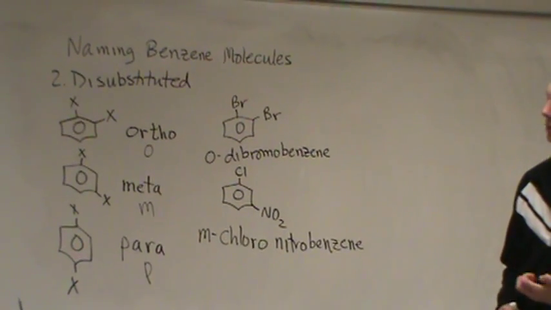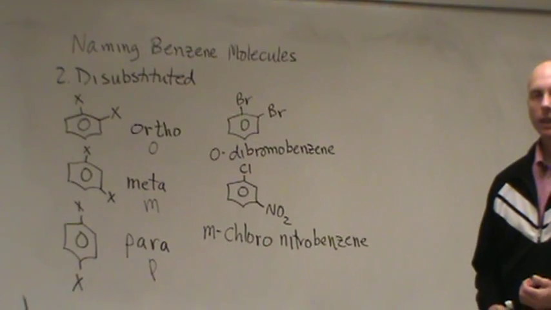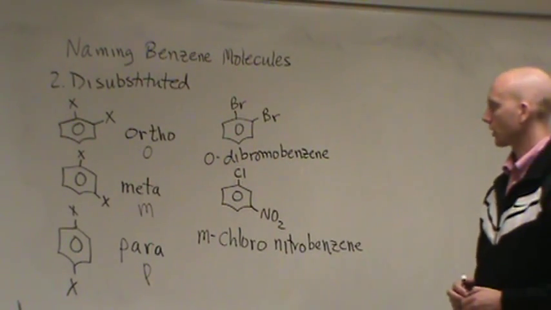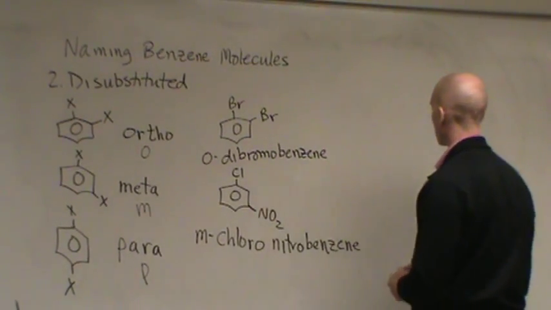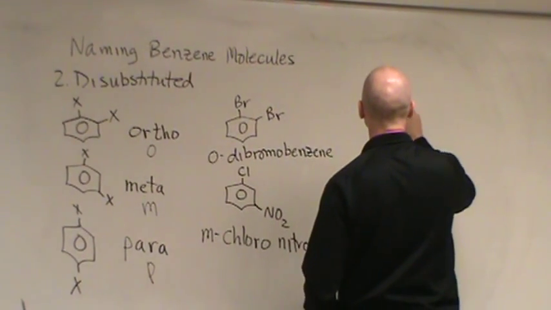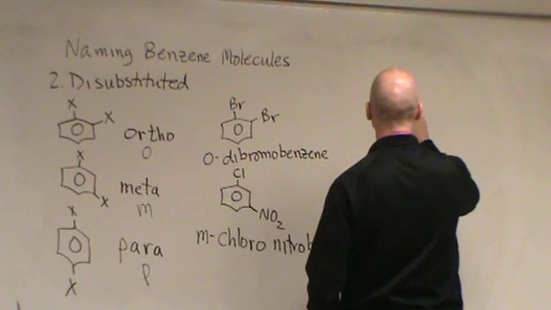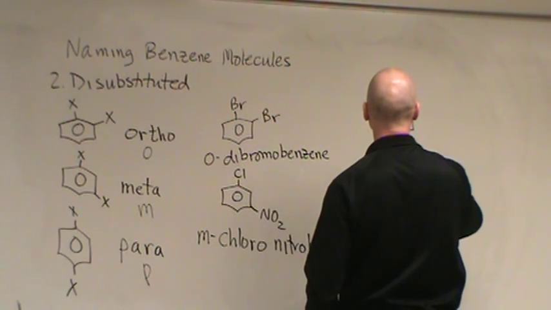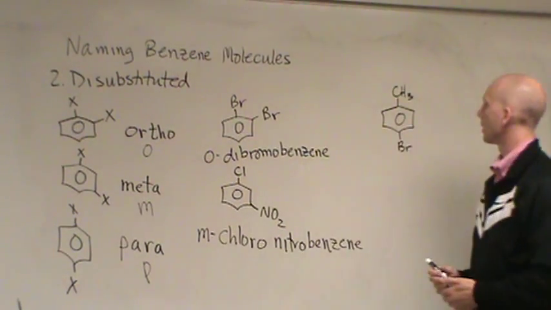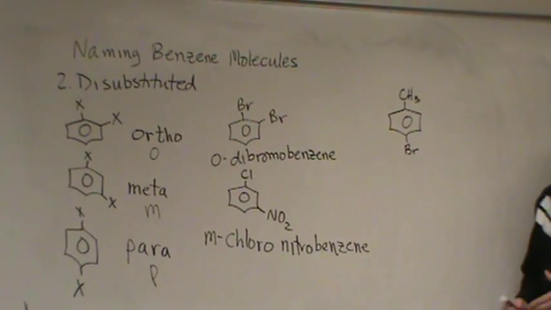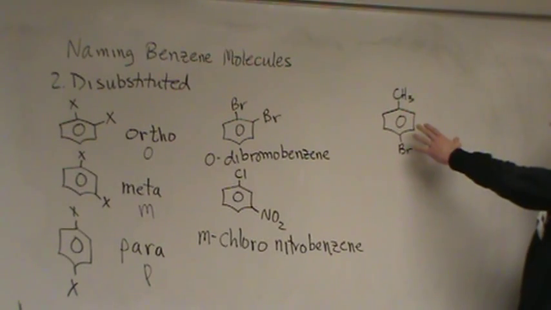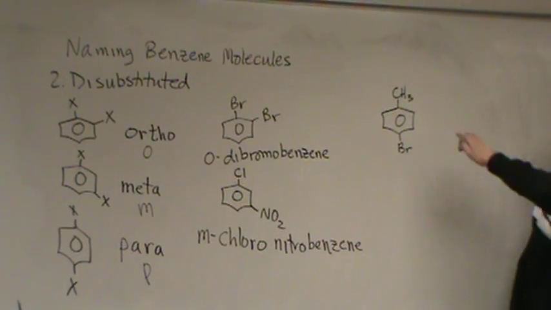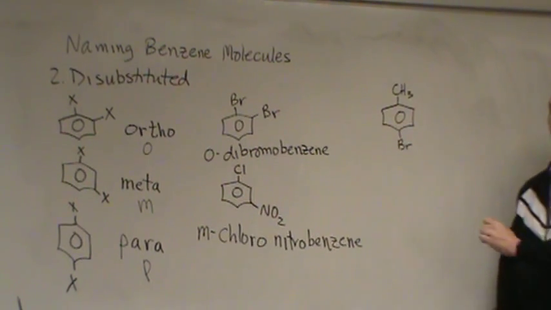But with the di-substituted ones, okay, we also have some trivial things to look at. For example, how might we name something like this, where we have this methyl and a bromo? Do you remember what the methyl makes the benzene?